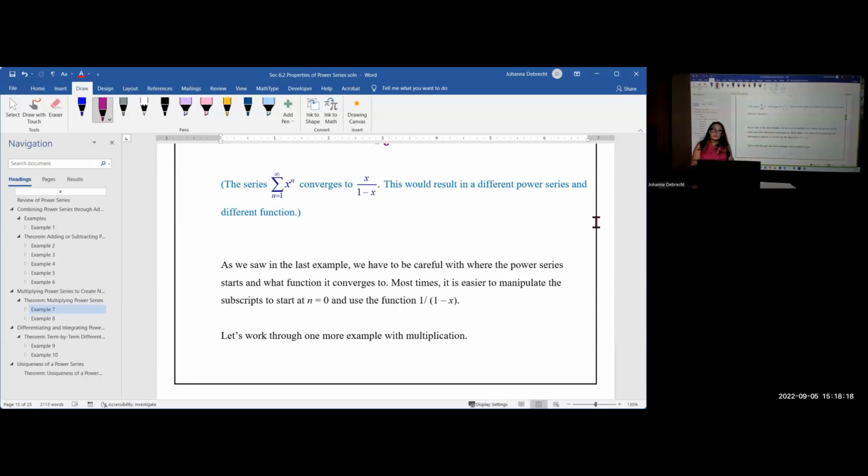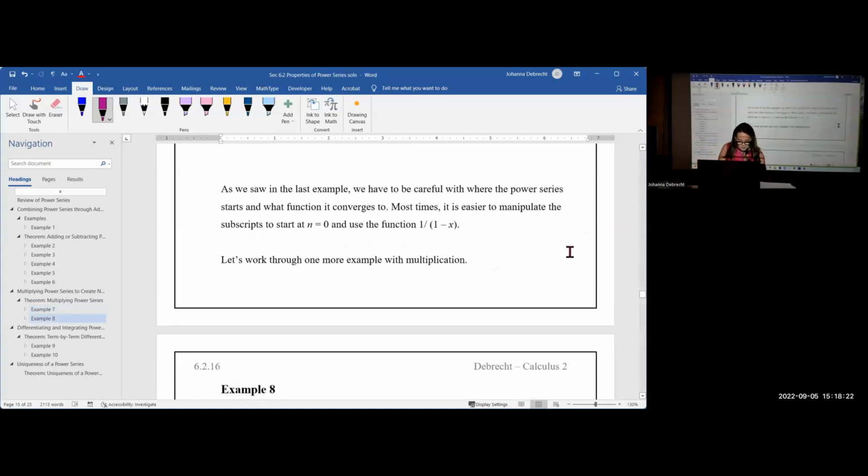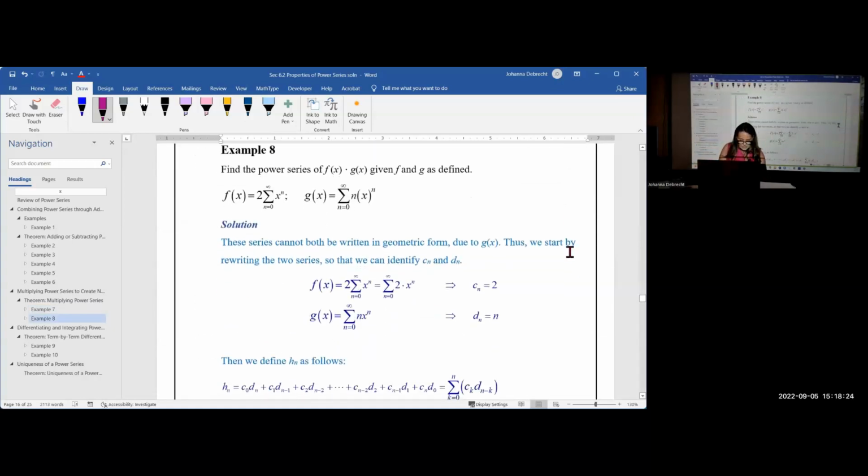All right, we want to work through one more example with multiplication. This would be example number 8. In example 8, we're again asked to find the power series of f times g, given that f is the power series 2 times the series x to the n, and g is the power series n times x to the n.